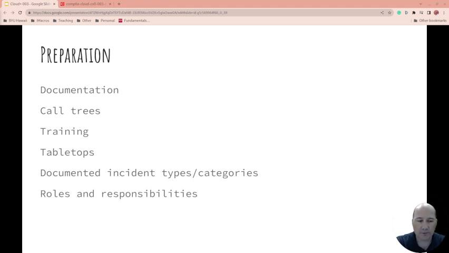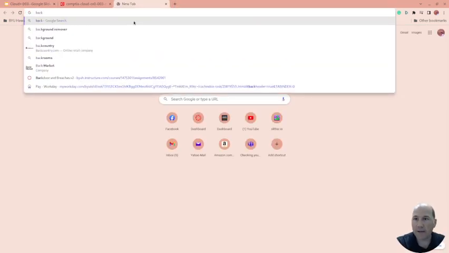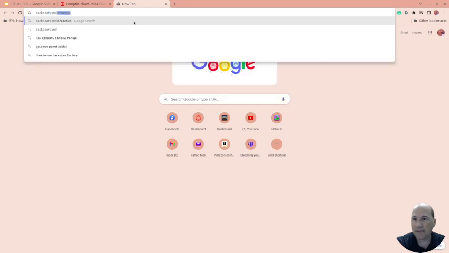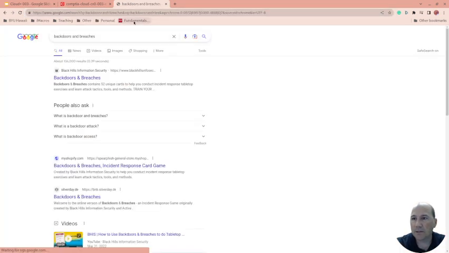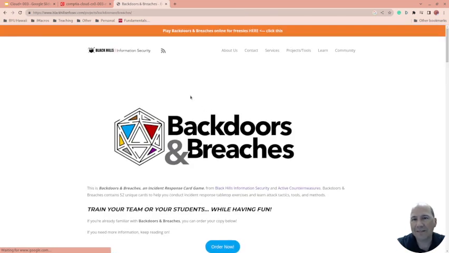A tabletop exercise is where you get together and you talk about the challenges that might happen and walk through what you would do. Something interesting here: there is a game, Back Doors and Breaches. I'll link to it down below. It can help take you through a tabletop exercise.